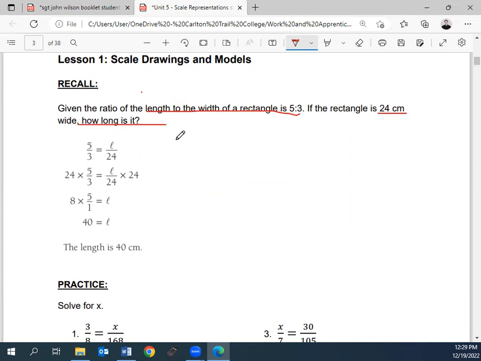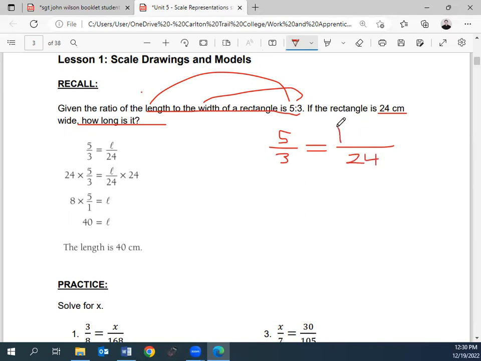Oops. But basically, if the ratio is 5:3, remember we always set it up like this. Left goes on top, right goes on the bottom. This is length to width, length to width. It's basically saying, if the rectangle is 24 centimeters wide, how long is it? So we set up that I know it's 24 centimeters here, so that's why I put it here.